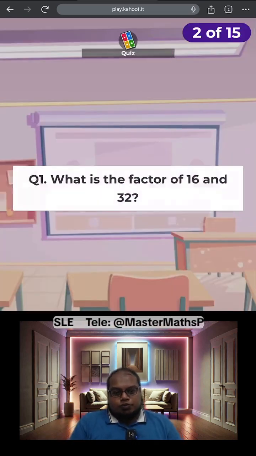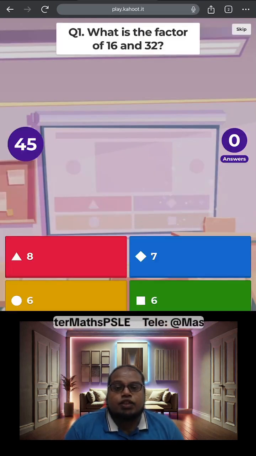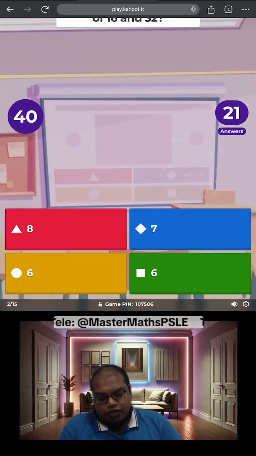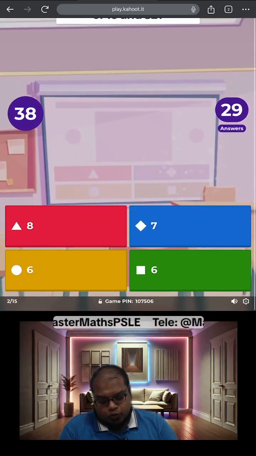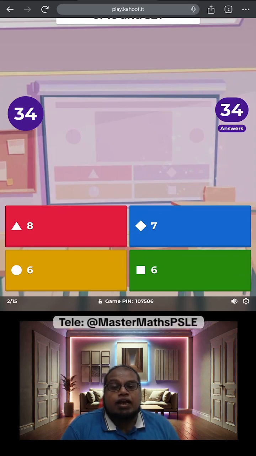Let's go. What is the factor of 16 and 32? Factor of 16 and 32. Okay, which numbers here are factors of 16 and 32?